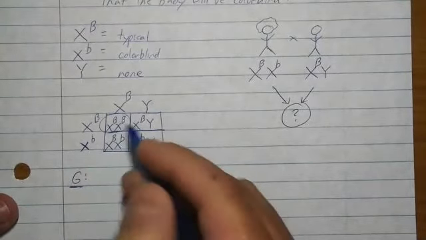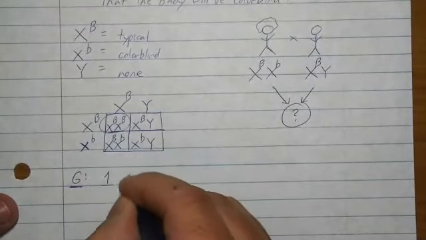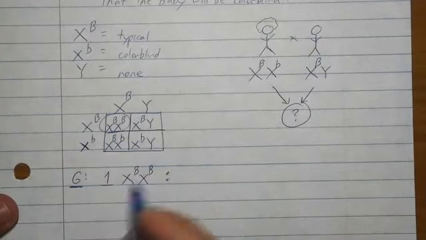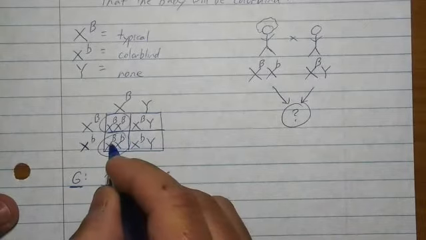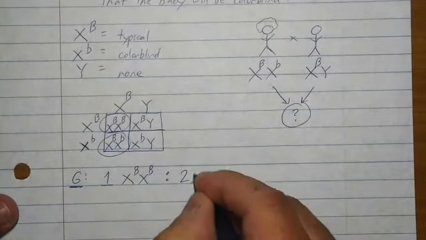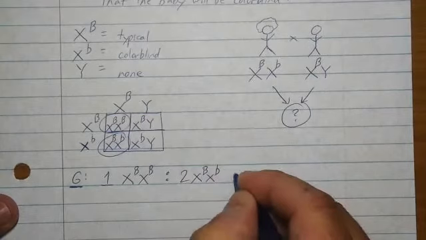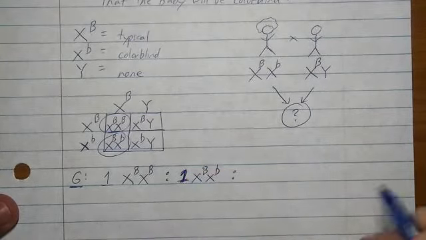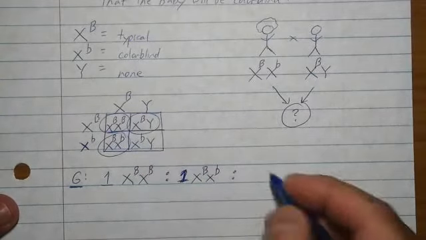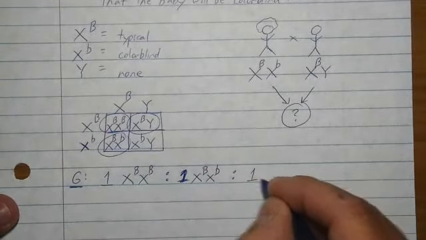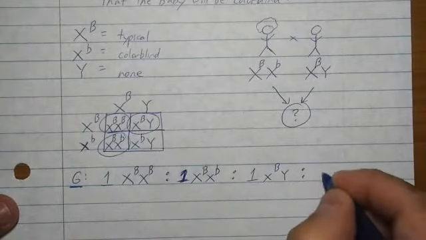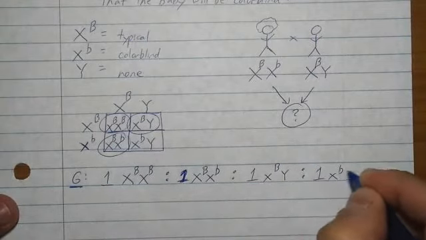I've got 1 X to the capital, X to the capital. I've got 1 X to the capital, X to the lowercase. Oh, sorry, 1, not a 2. Okay, I've got 1 X to the capital Y. And I've got 1 X to the lowercase Y.